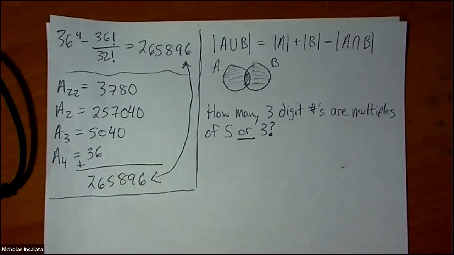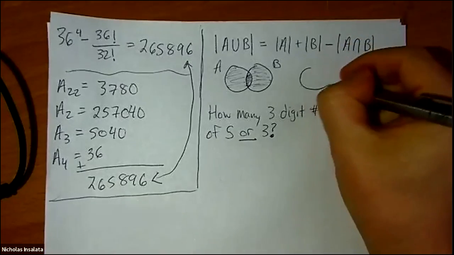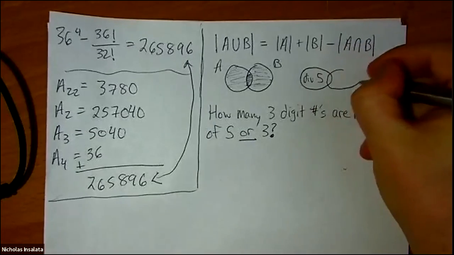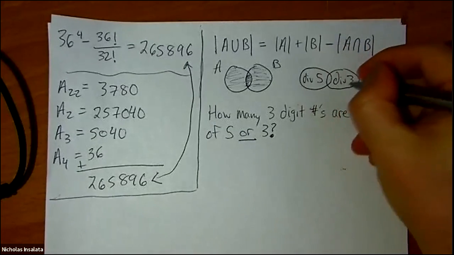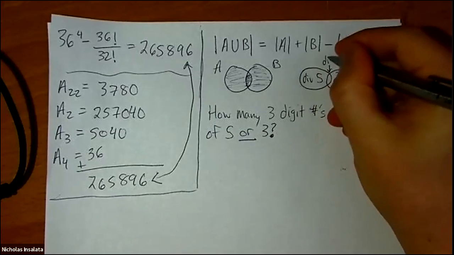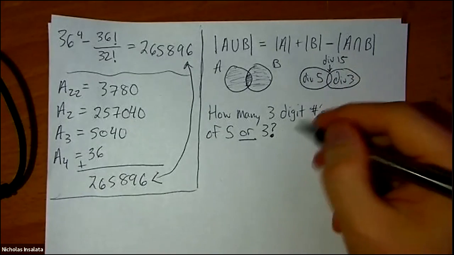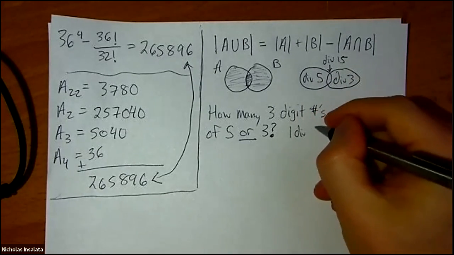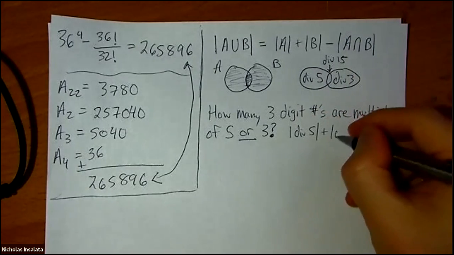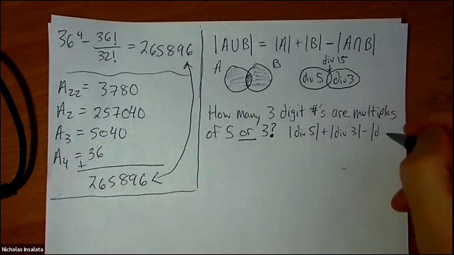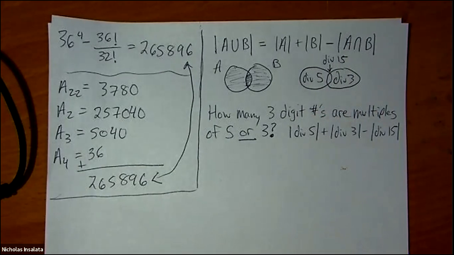Yeah, perfect, right? Because here, this is my div 5, and this is my div 3, and in here is my div 15, divisible by both, right? Then my idea is going to be the size of div 5 plus the size of those divisible by 3 minus the size of those divisible by 15, right?